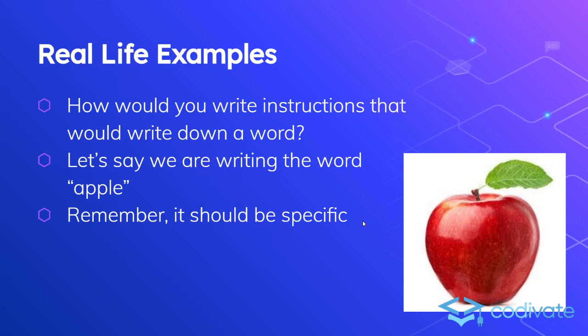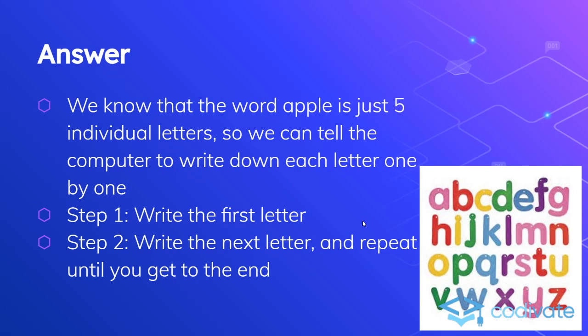So the answer is that we know the word apple is just 5 separate letters. So we can tell the computer to write down each letter one by one. So step 1 is write A, step 2 is write P, and so on. You just keep going until you've written the entire word.